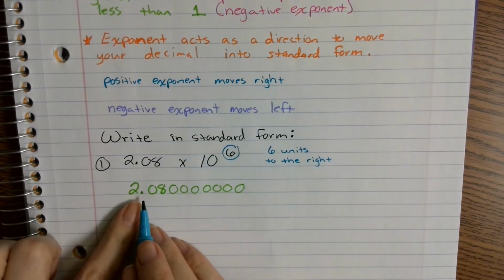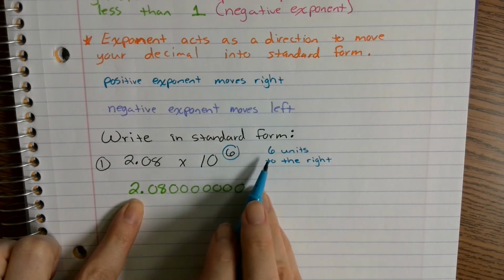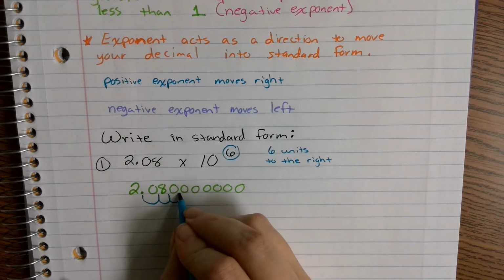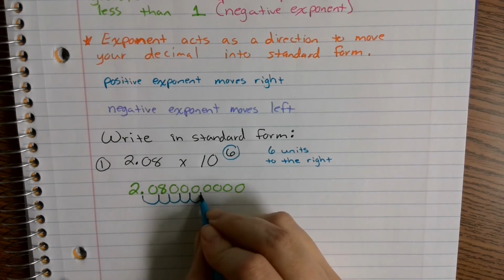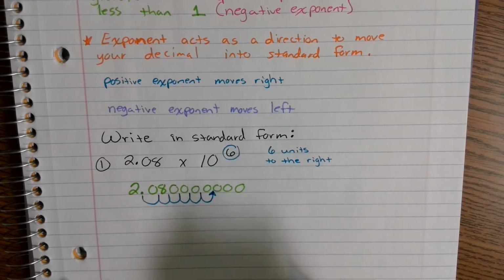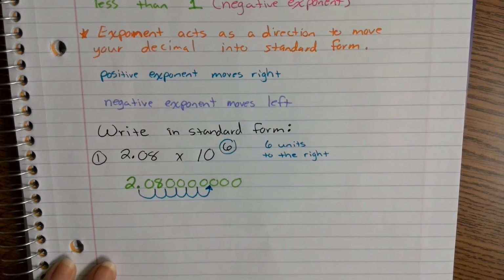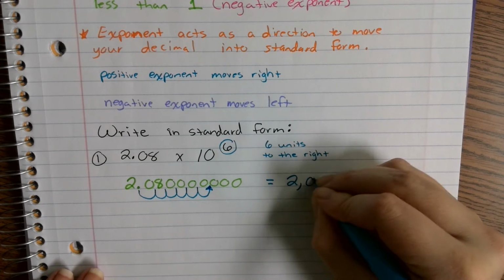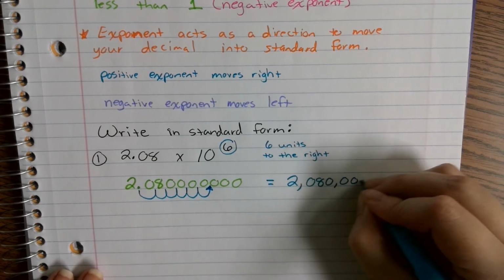So right now, here's where my decimal is. I'm going to move 6 units to the right. So I just count 1, 2, 3, 4, 5, 6. So in standard form, my number is going to be 2,080,000. That's it.